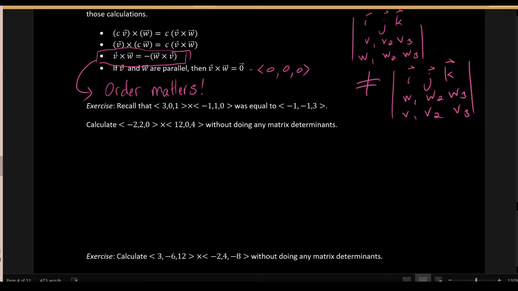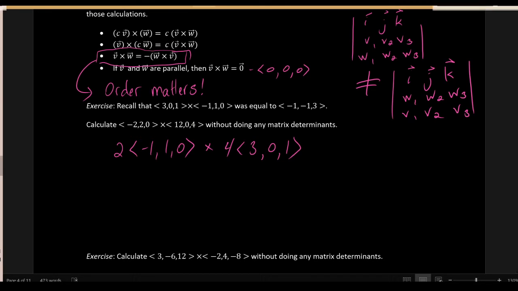Now the thing that I'm going to use is that, first of all, -2, 2, 0 is just a scaling by a factor of 2 of -1, 1, 0. And likewise, 12, 0, 4 is just a scaling by a factor of 4 of the vector 3, 0, 1.